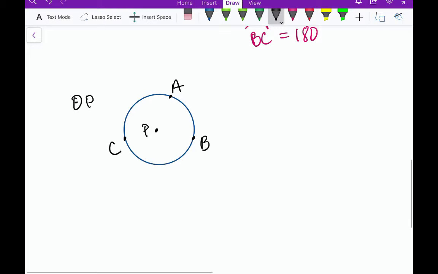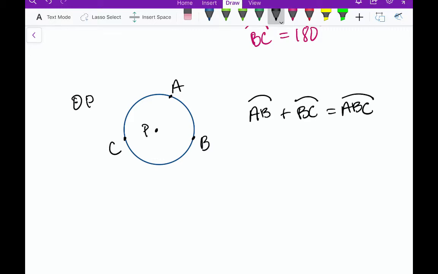And so arc AB plus arc BC is going to be equal to arc ABC. Now, why did I use 3 letters there? Because I can tell that arc ABC, which is this, is going to be larger than 180 degrees.